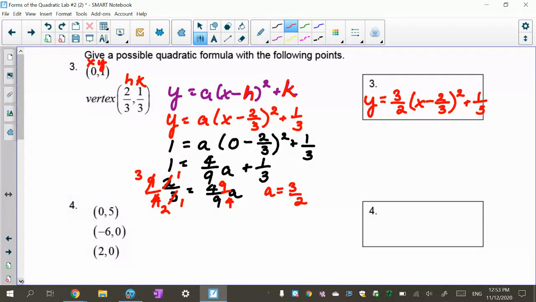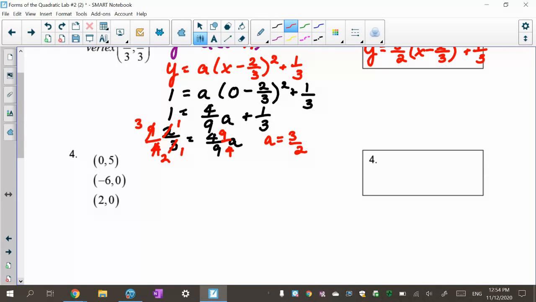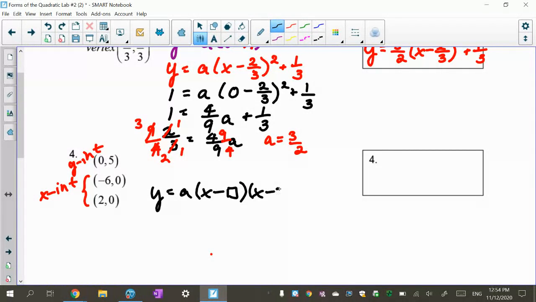All right. The next one I'm going to do is number 4. Number 4, you have to know what you're looking at. I look at this right here and I see they gave me (0, 5), which is my y-intercept. And then they gave me (-6, 0) and (2, 0). These are my x-intercepts, or my roots. So I'm going to use y equals a, (x minus box)(x minus box).